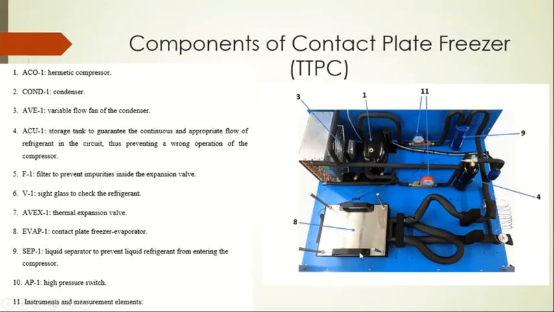These are the two handles through which you can move up the upper plate, and in that manner you place your material between these plates, and then you just push that one back onto its original position.